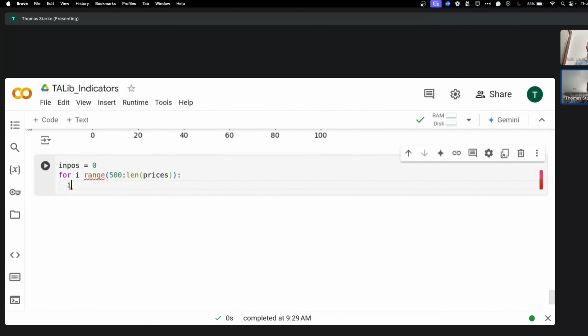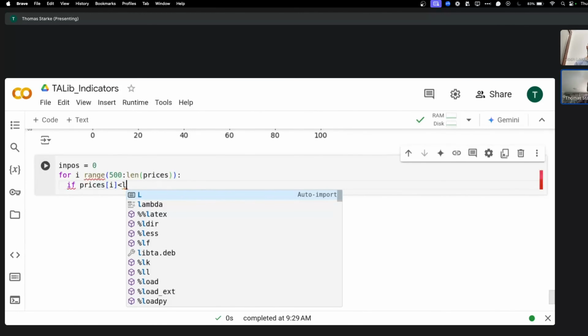So if our prices of i is less than low, which is our lower Bollinger Band of i.